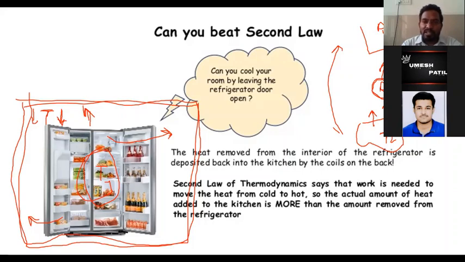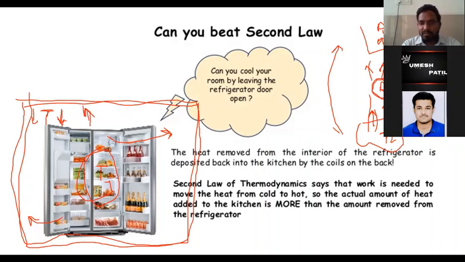and the refrigerator will convert some part of that work again into heat. So we have taken some heat from here, we have provided work input, but refrigerator will convert some part of that work again into heat. So heat absorbed from here, and the work converted into heat, the addition of those two heats will be rejected to the atmosphere.